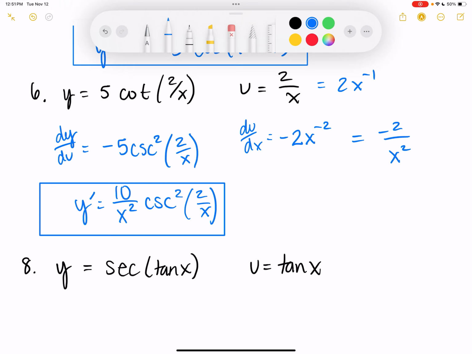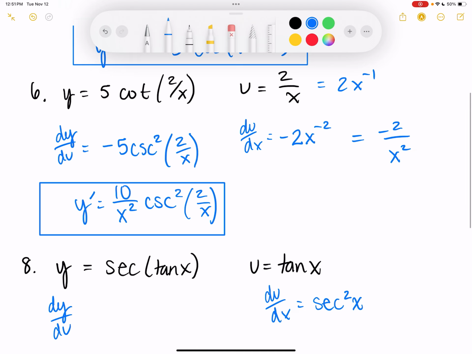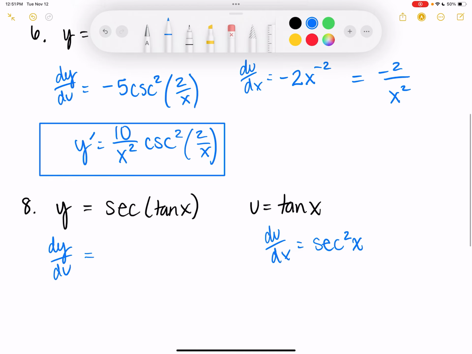All right, what's the derivative of tangent of x? Secant squared of x. What's the derivative of secant? Secant of x tangent of x.